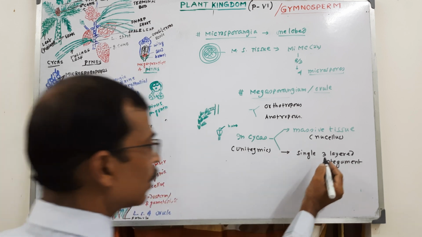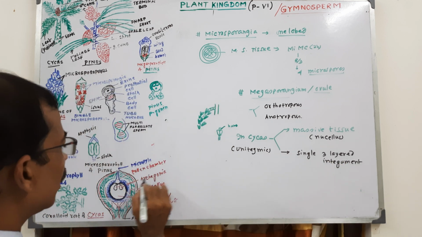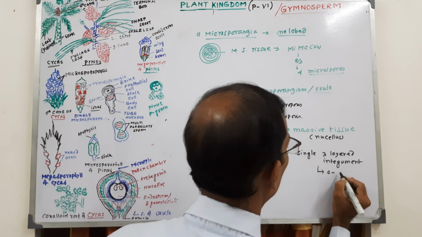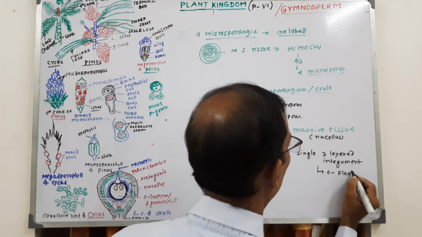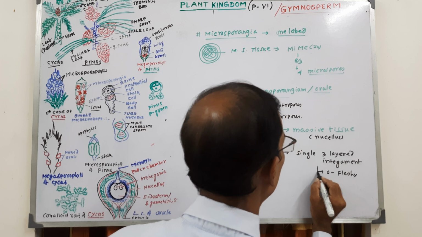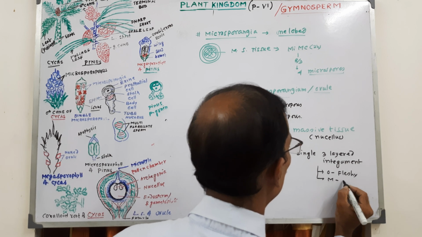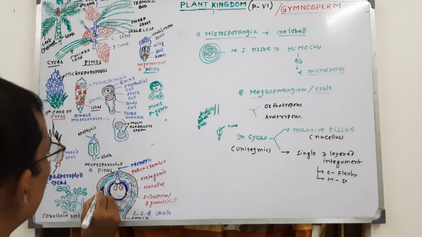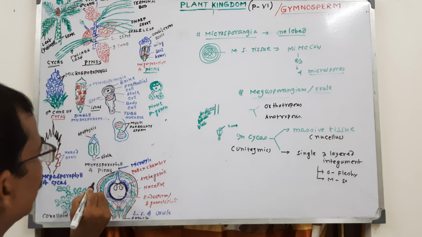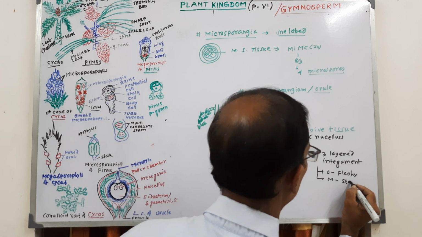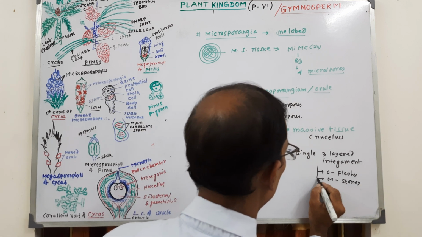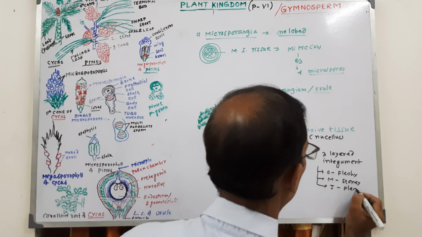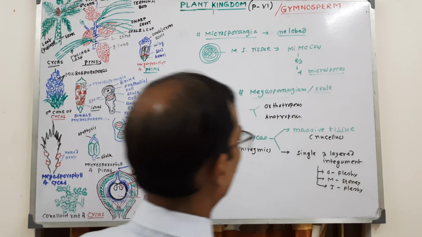This three-layered integument means the outer layer is fleshy, the middle layer is stony, and the inner layer is also fleshy, but a single layer. Okay.